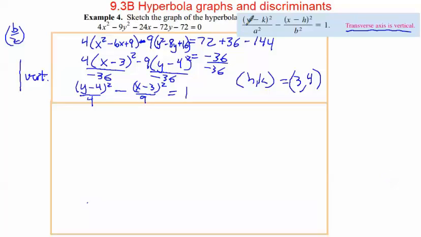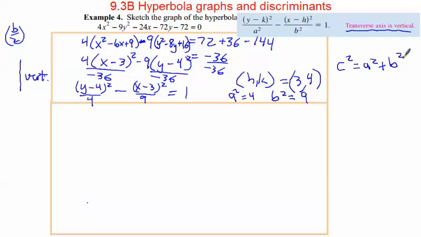And now we just need to find a. So a squared is looking like 4. That's the denominator of the y term. And then we have b squared going to be equal to 9. And with this, we know that c squared equals a squared plus b squared.